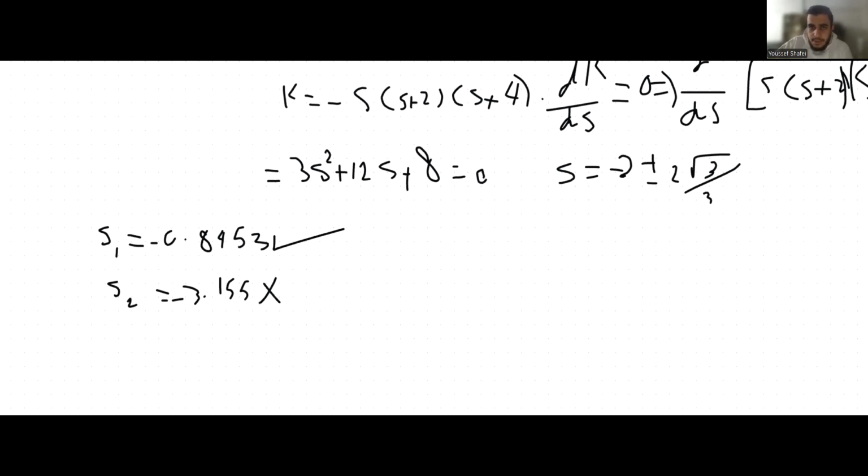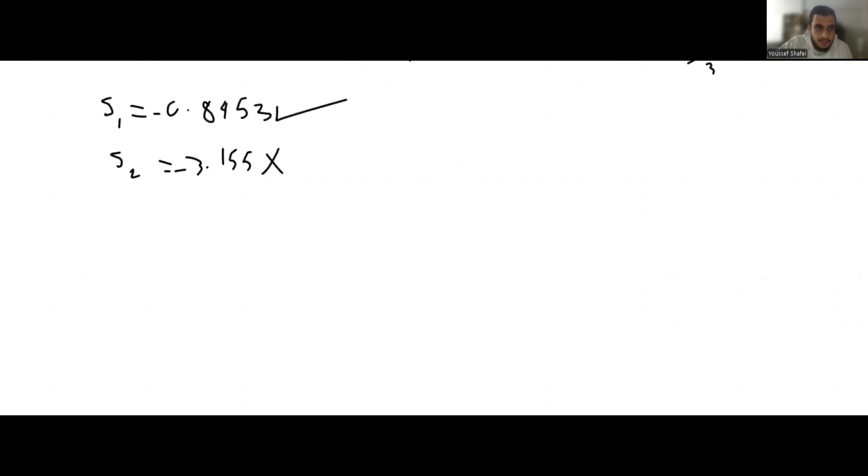And second, we want the imaginary axis crossing. For that, 1 plus K over s(s plus 2)(s plus 4) equals 0.